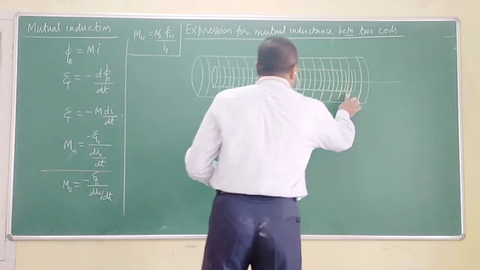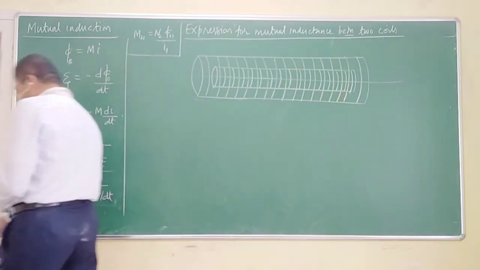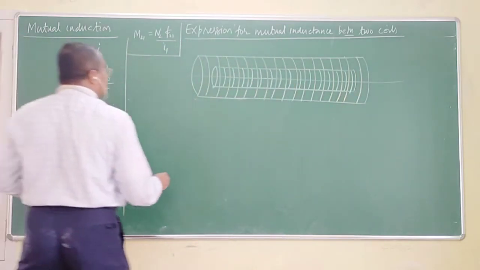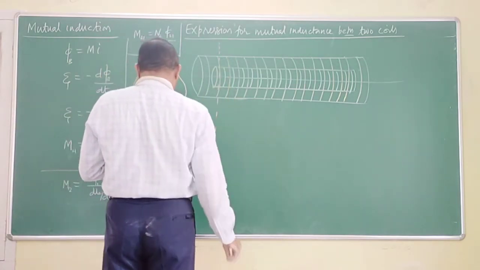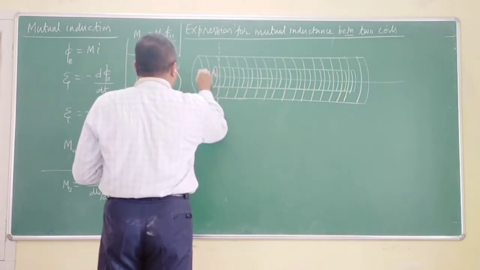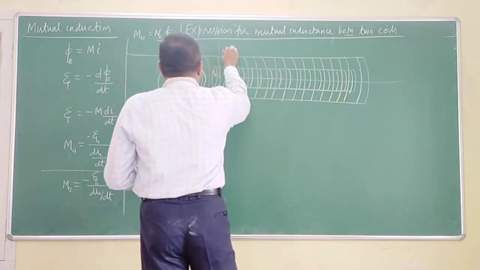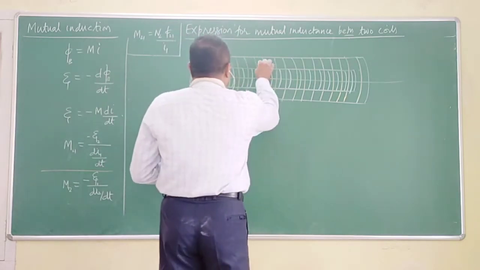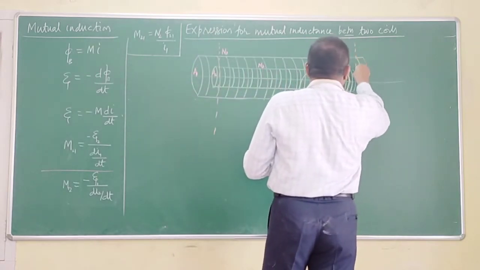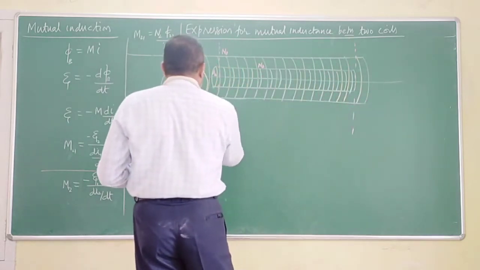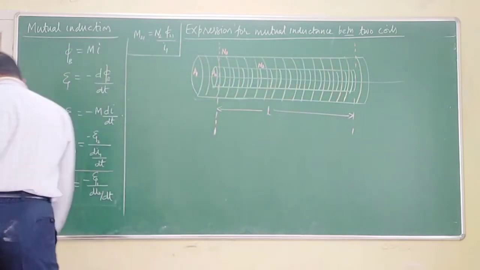Now let this area of cross section be A2, the other area of cross section be A1, number of turns in the outer solenoid N1, number of turns in the inner solenoid N2, and from here to here, let me take the length as L. Is that okay to you, sir?